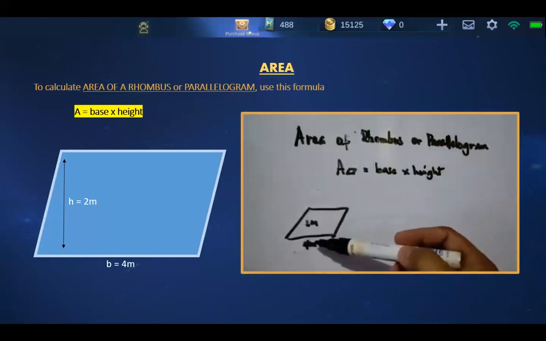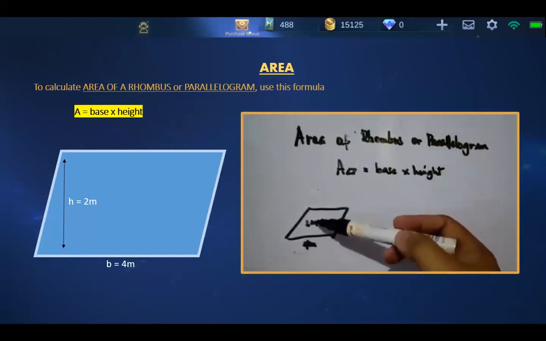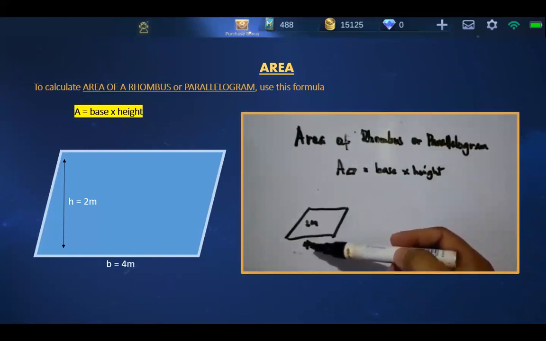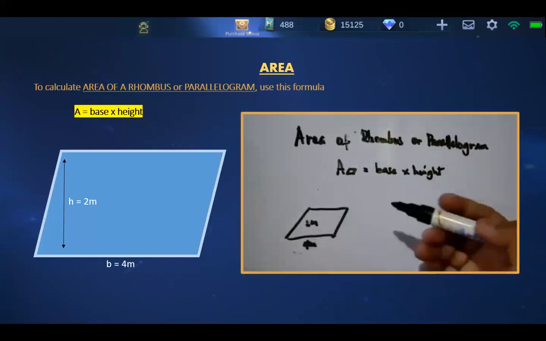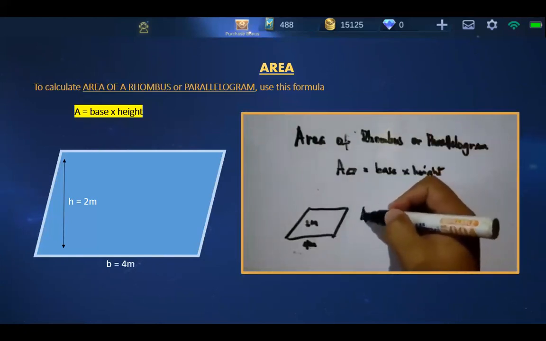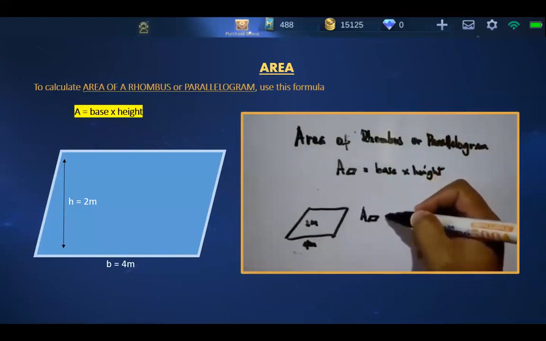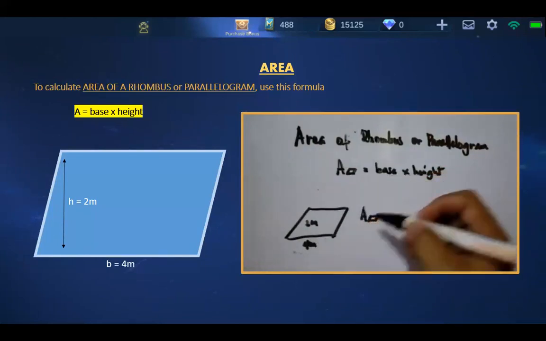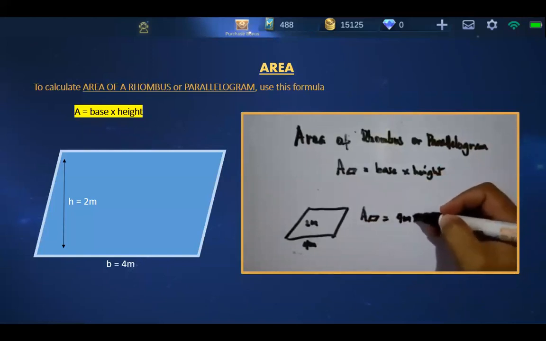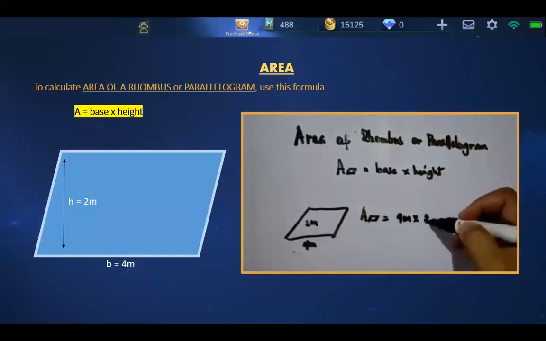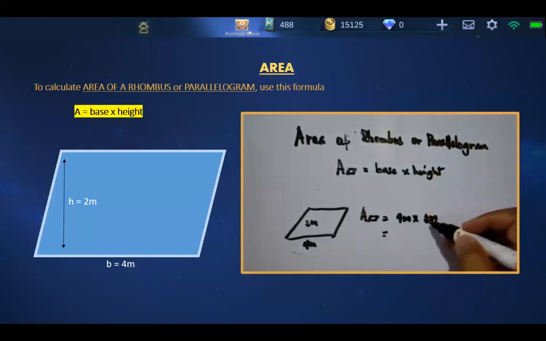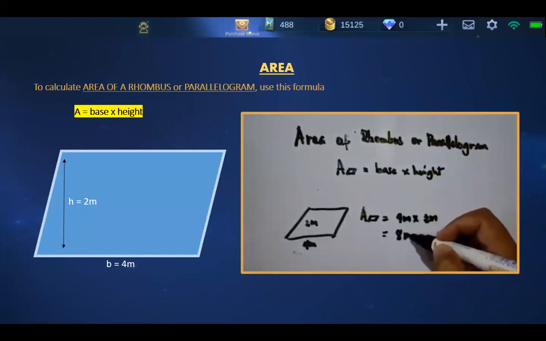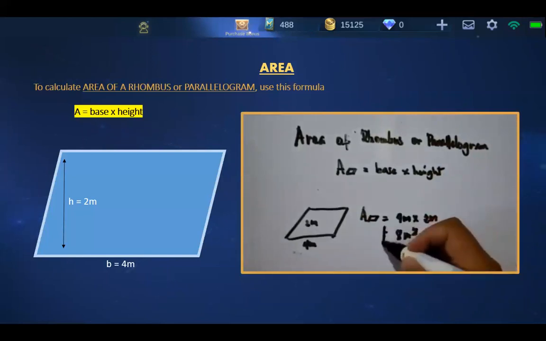It has a measurement of 2 meters height and the base is 4 meters. So just follow the formula. Area of rhombus is equivalent to base, which is 4 meters, times height, which is 2 meters. So 4 times 2, that is 8 meter squared. So this is our answer.